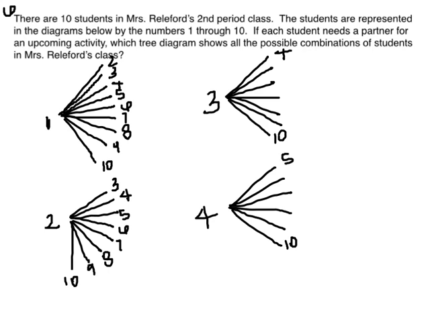C is the most comprehensive. It has each number option. And D is only showing that each student has 1, 2, 3, 4, 5 options. So your answer is going to be C.